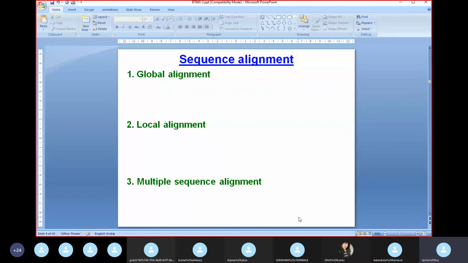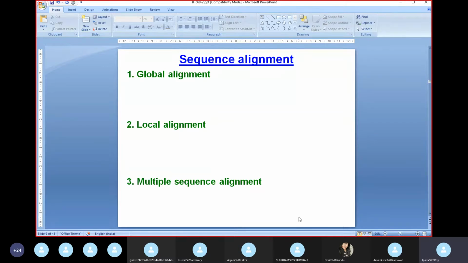So there are different ways you can carry out alignment. Alignment is basically finding the similarity between your query sequence and a sequence that already exists in the database. So there are different possibilities. You can carry out global alignment, you can carry out local alignment.